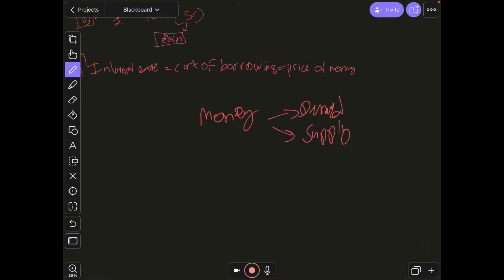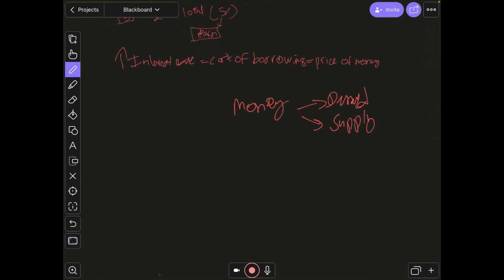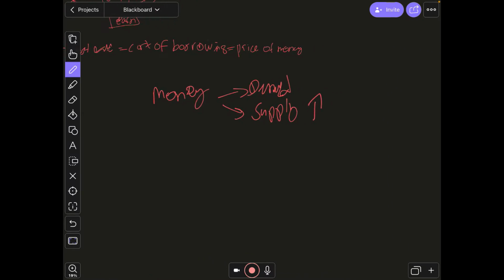And so, let's say the government increases the supply of money. If the supply of money goes up, then there is a surplus of money in the economy, right? And so according to the price mechanism, if there is a surplus, then the price will come down, to remove the surplus and reach back to equilibrium.